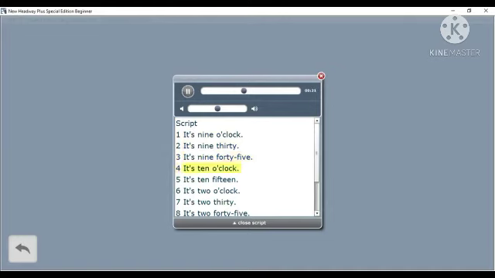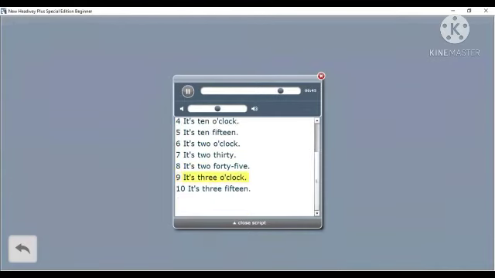It's 10 o'clock. 5. It's 10:15. 6. It's 2 o'clock. 7. It's 2:30. 8. It's 2:45. 9. It's 3 o'clock. 10. It's 3:15.